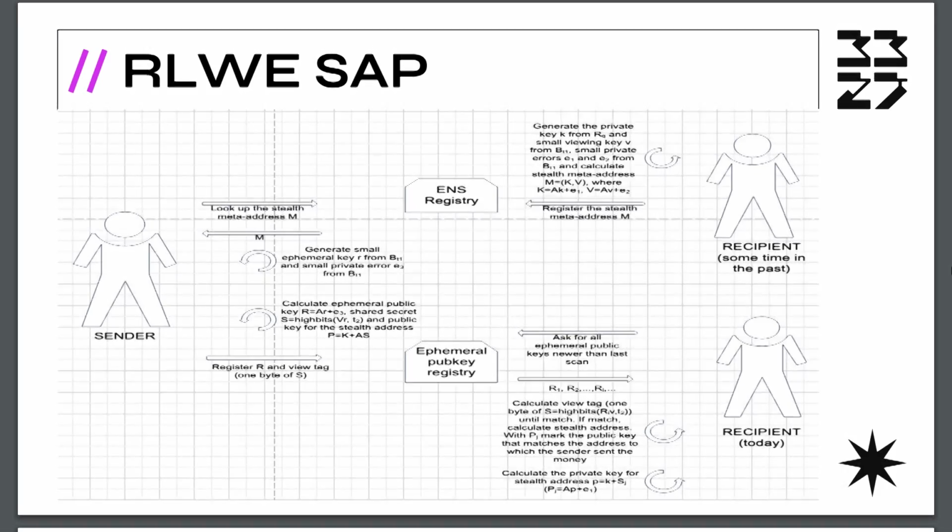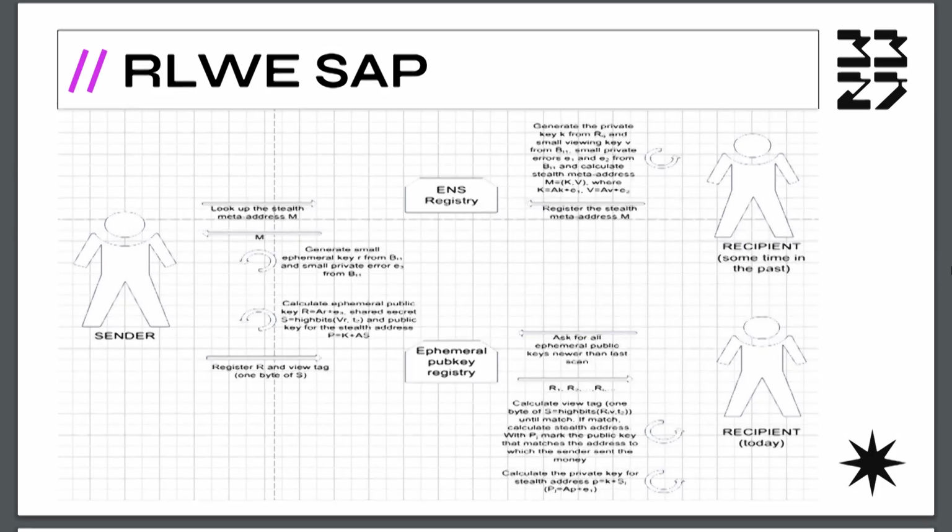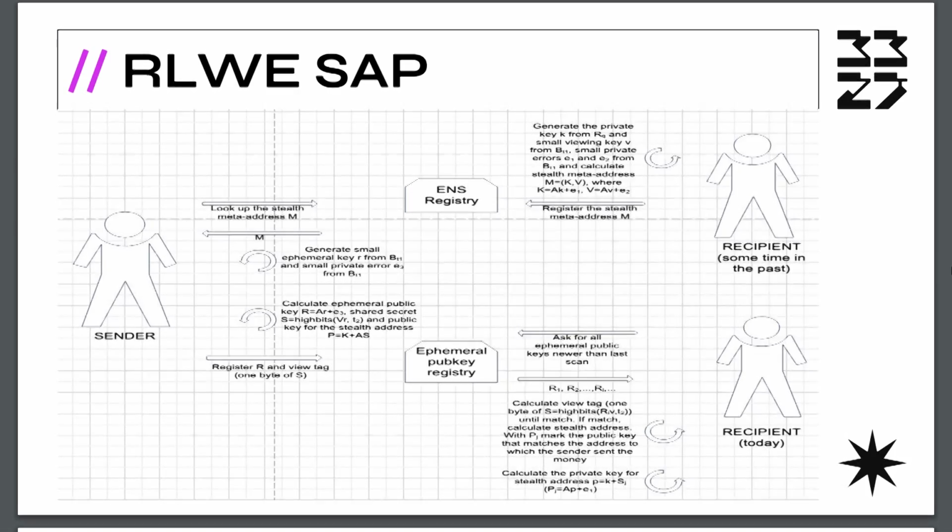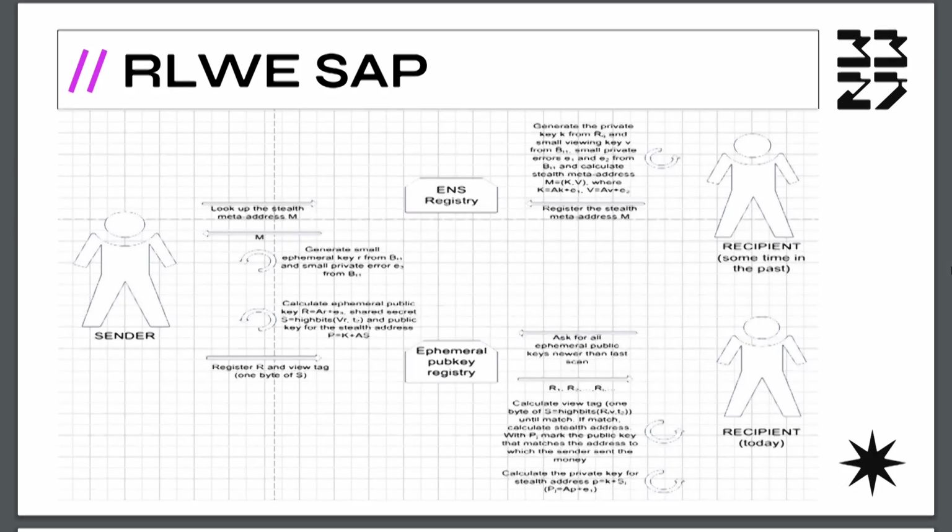And in order to calculate the public key, he also needs to add errors. So Bob needs to calculate the private key, and the private key will be this little k, and then he needs to choose these errors. He will multiply this public.